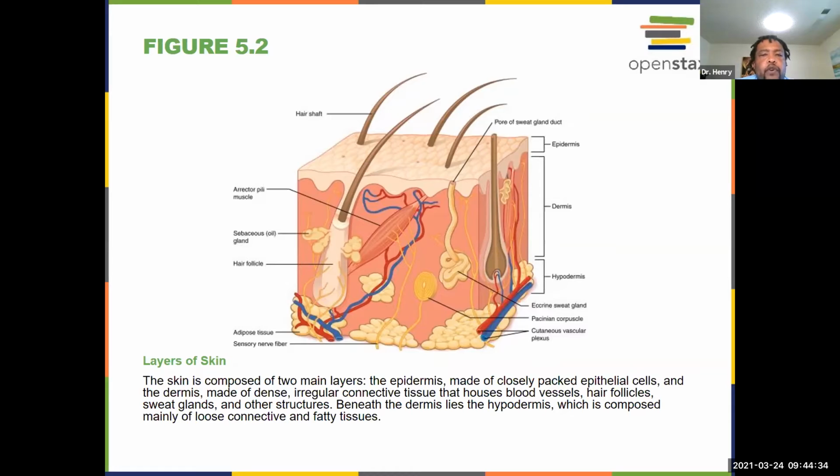Is an organ made up of only one tissue, or is an organ made up of multiple tissues? Because when we talk about tissues, we had connective tissue, muscle tissue, nervous tissue. Is an organ made up of only a certain type of tissue, or multiple types?